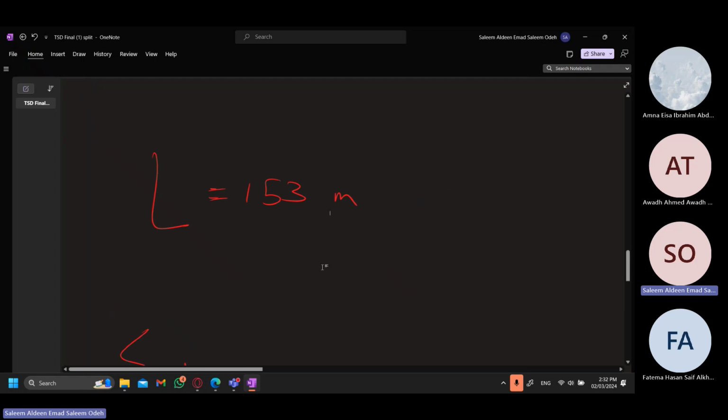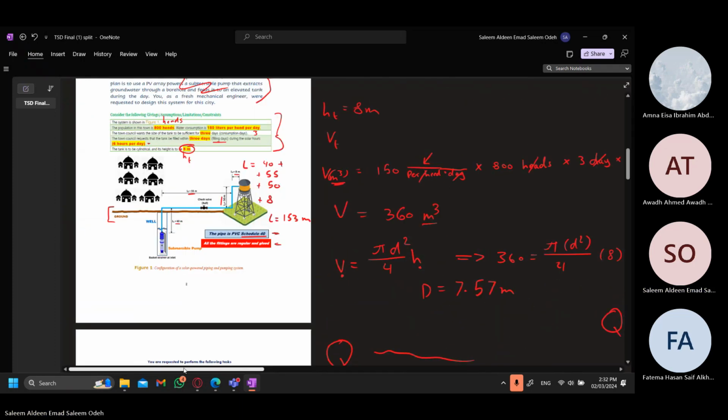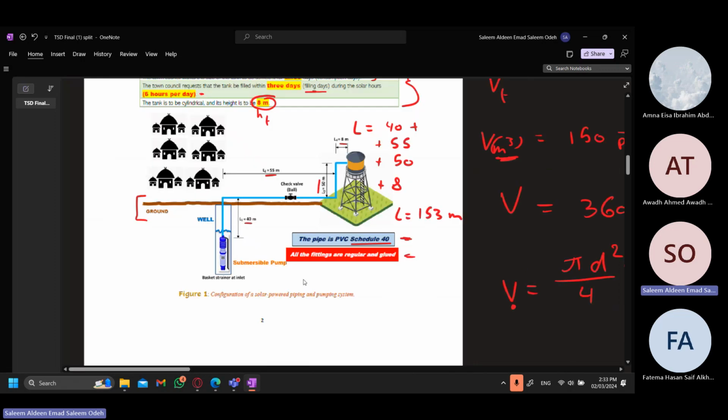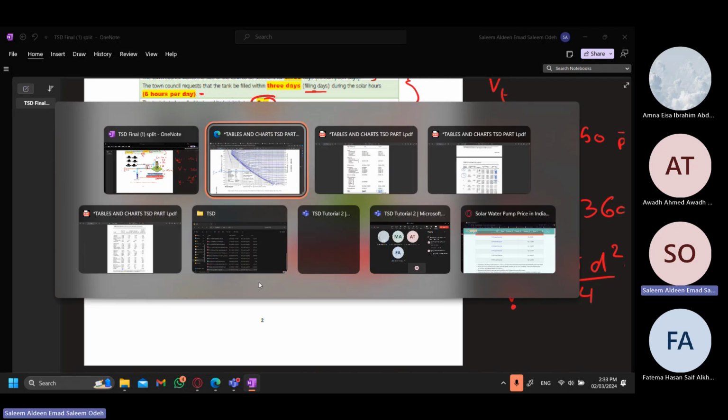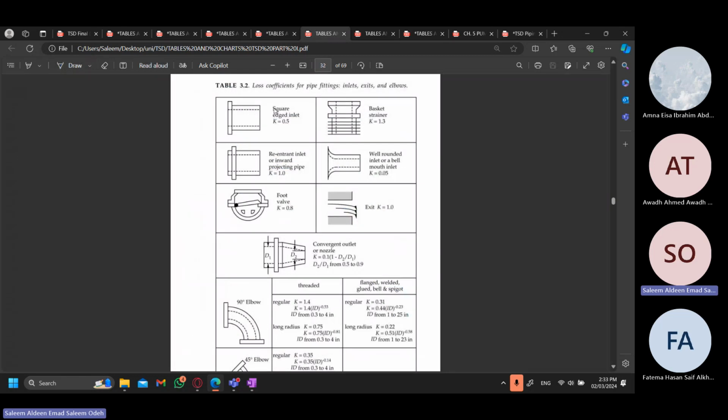Now to find the summation of K, you come over here and you'll see that all the fittings are regular and glued, and that there's going to be a check valve. We'll go to the summation of K table, the loss coefficient for pipe fittings, and see what we have.